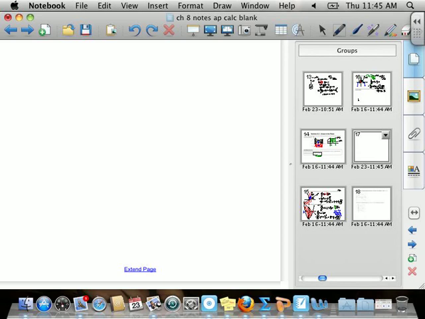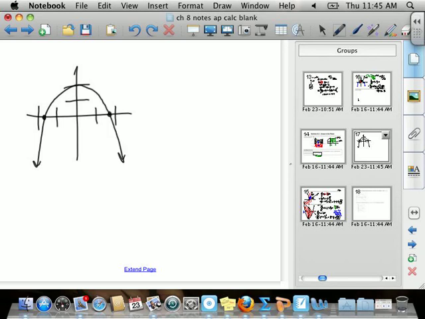Okay, so we want the same graph. I didn't make mine wide enough.